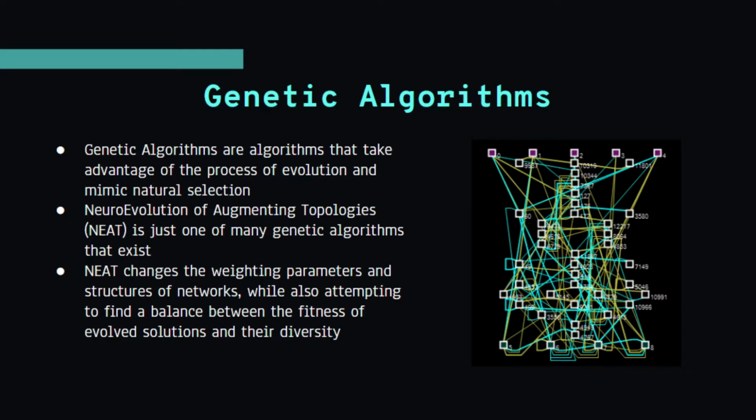In other words, what NEAT does is that each genome, so each individual in a population, will have its own neural network. And it's going to try to tweak the values or tweak the connections and the nodes in each of those individuals' neural networks until it finds a pretty good species of individuals that have a high fitness value.